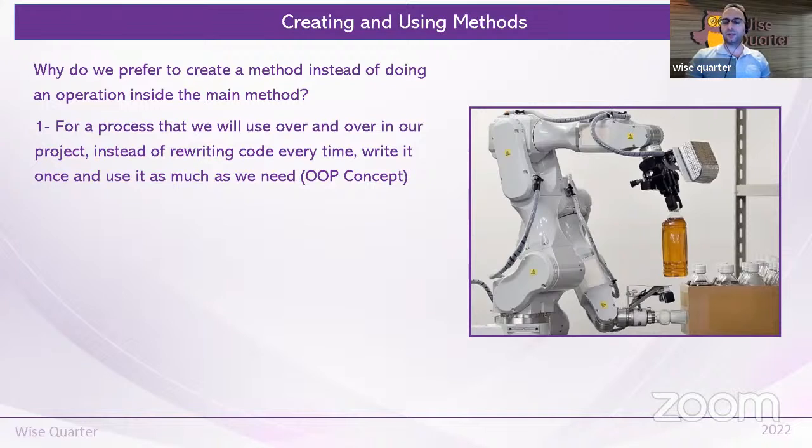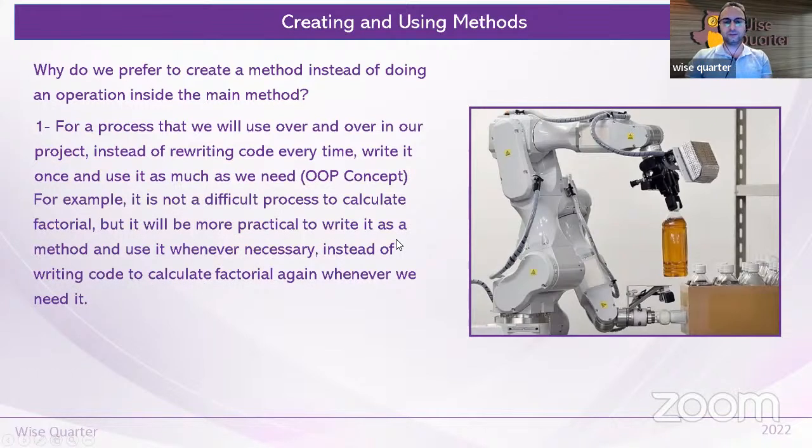Instead, create a method and call it. That will handle everything. This way, you will save a lot of time, and your coding will be better. It means you are applying the OOP concept in your coding. You should not repeat the same code in your application.